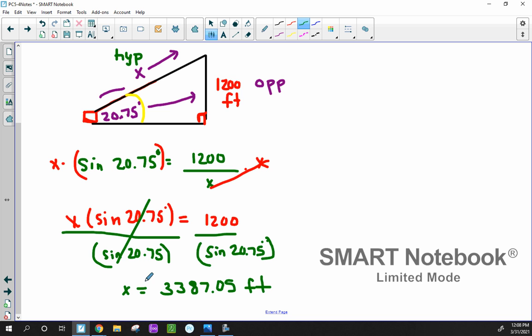And again, notice that x is on the hypotenuse side, so it should make sense to me that the answer is obviously bigger than the opposite side. 3,387.05 feet.